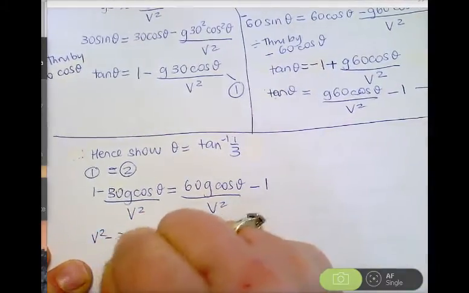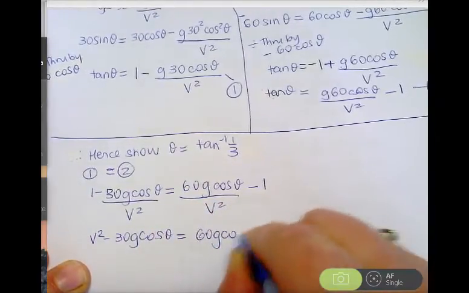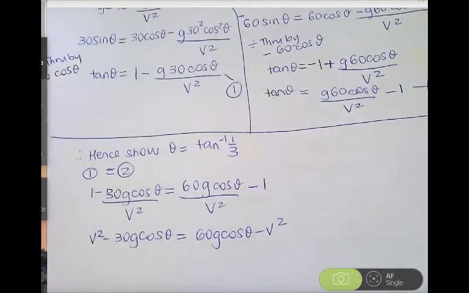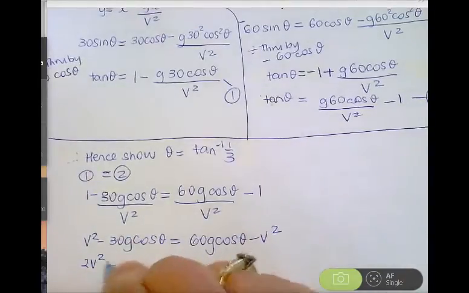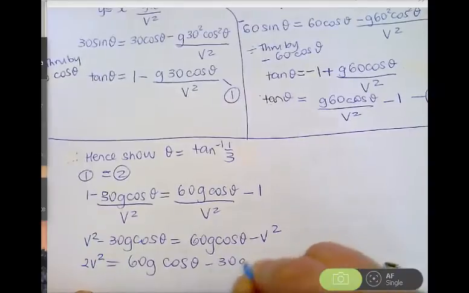V squared minus 30g cos theta equals 60g cos theta minus v squared. So girls, it's been suggested to make v squared the subject, then we can eliminate it. That's probably better. See what I would get. I would get 2v squared equals 60g cos theta minus 30g cos theta.